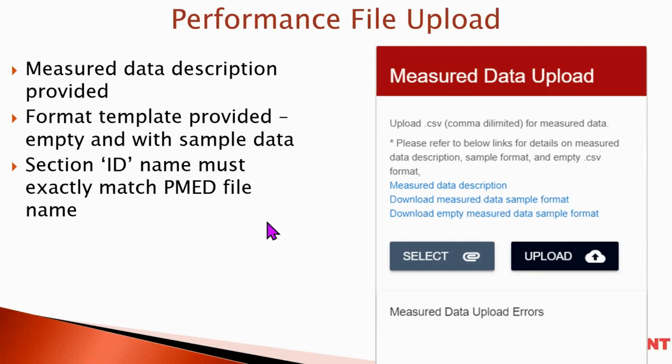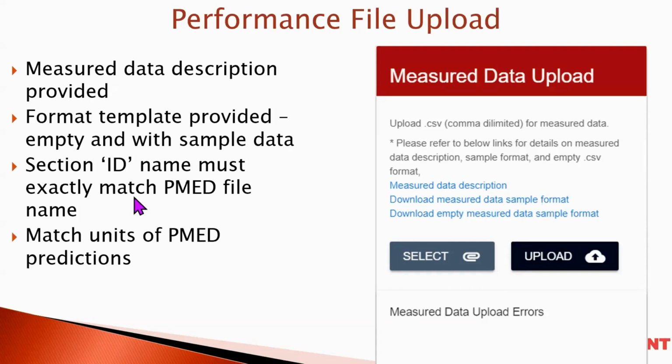Very important that the section ID must exactly match the Pavement ME Design file name so that the CAT can link them together doing the analysis when they run those. And the units, very important. Make sure that the units put in the performance file are of the correct format and match the prediction or the units that the Pavement ME Design program generates.